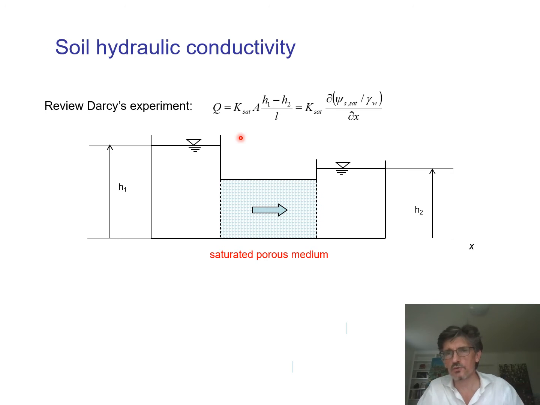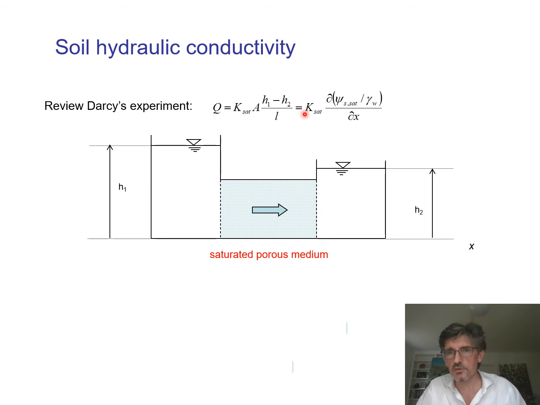To bring it to a usable form, we want to express it in terms of soil water potential. Now, the hydraulic head is the hydrostatic head, so it's elevation plus pressure potential, but it's expressed in terms of length. And length for us is nothing but energy per unit weight. If we multiply it by the specific weight of water, gamma W, then what we obtain is actually a pressure, which is the water potential, energy per unit volume.